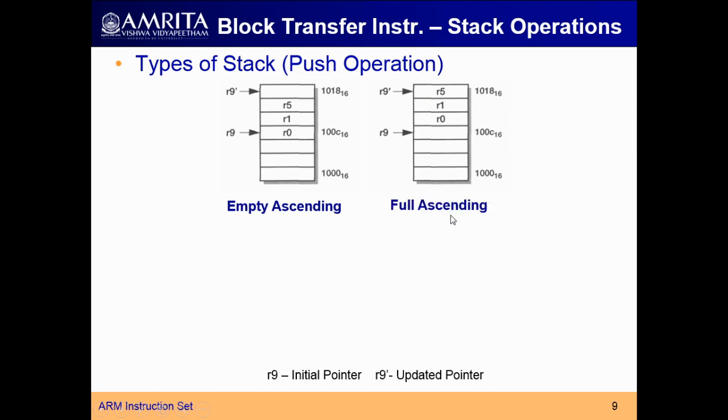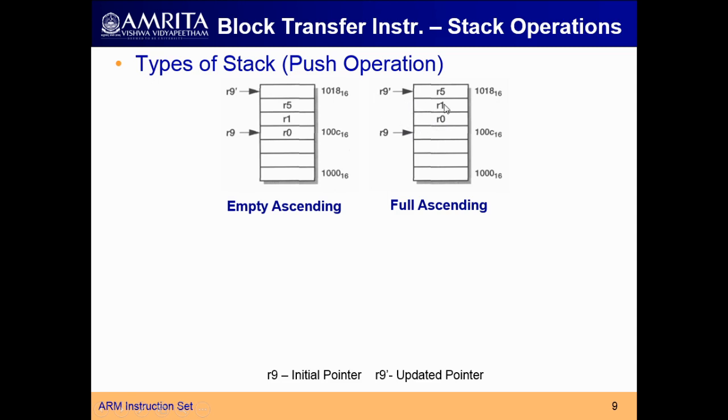So in full ascending, how is the operation happening? Initially R9 will be pointing to this location. Before moving the data, the stack pointer will increment to the next location, then the data will be moved. That means increment will take place, and only then the push operation. Again incrementing will take place, then the push operation.